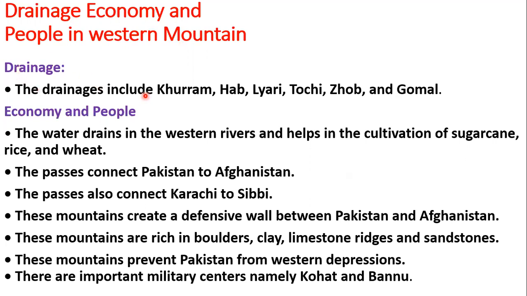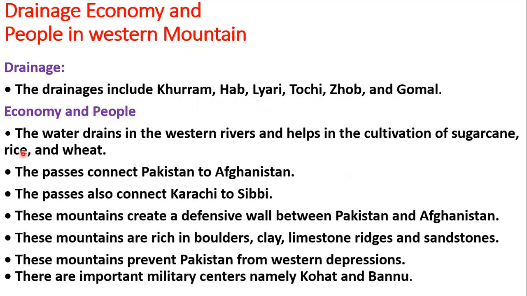The drainage include Kuram, Hab, Layari, Tochi, Zob, and Gomal. Mean these are the rivers which flow into the Western Mountains. Once again, Kuram, Hab, Layari, Tochi, Zob, and Gomal.